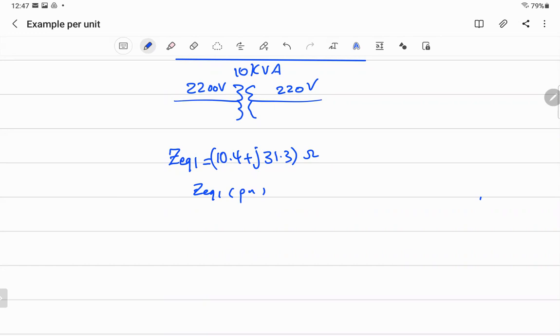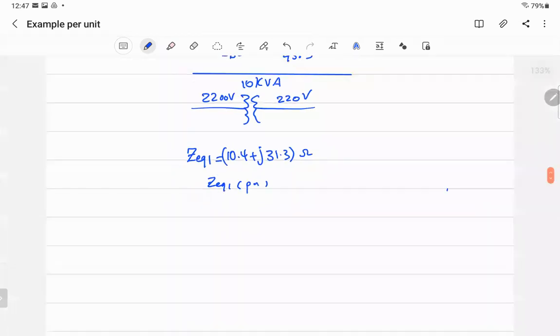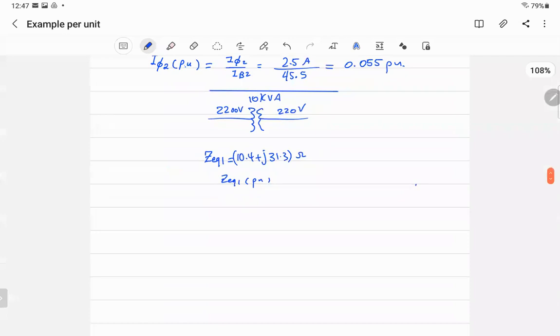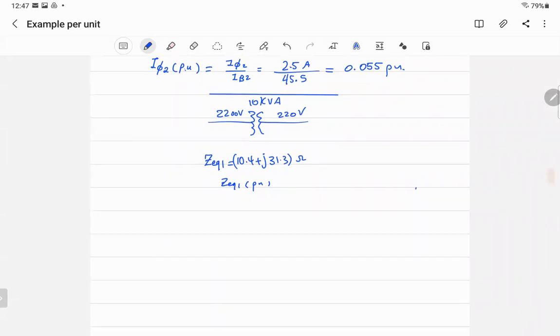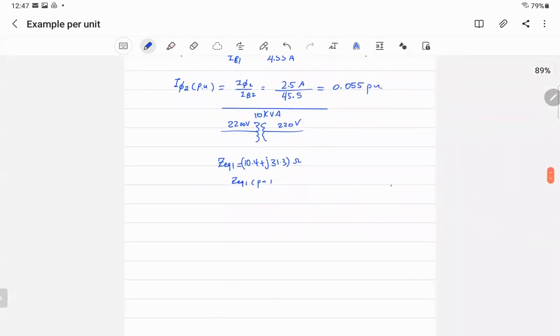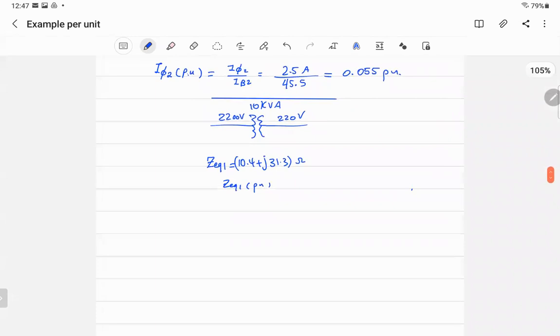All right, let's solve the quiz. Now, we have the equivalent given and want to find the per unit value, so we divide it by the base value.